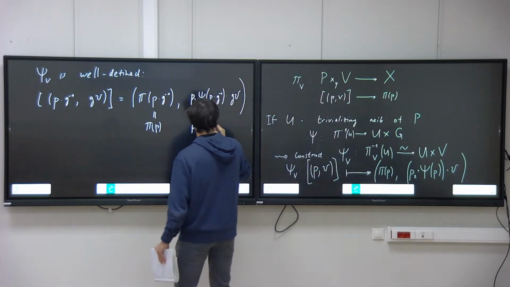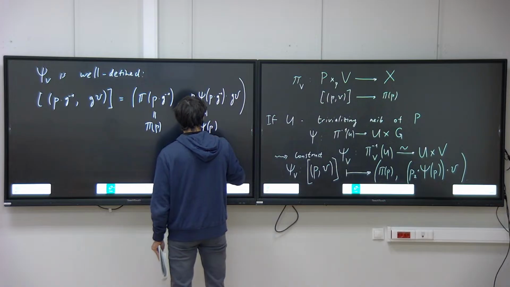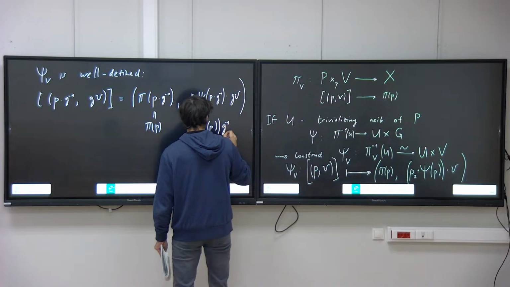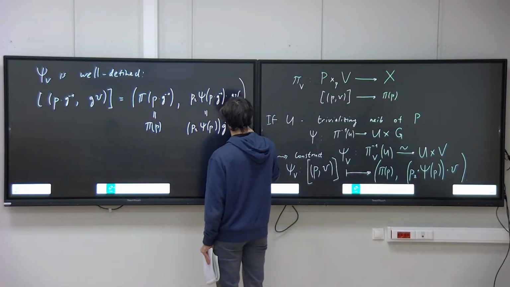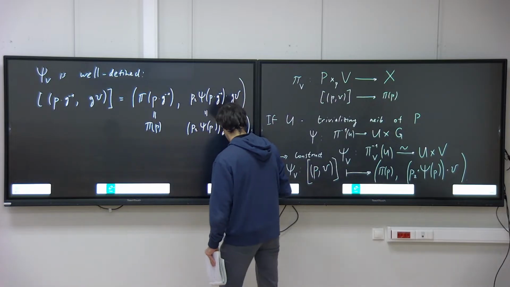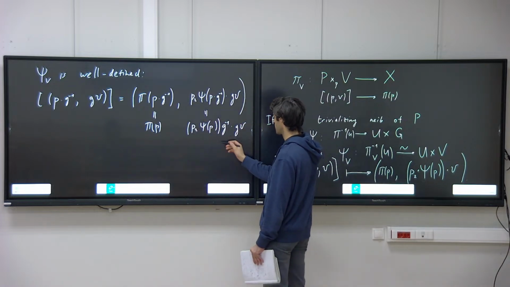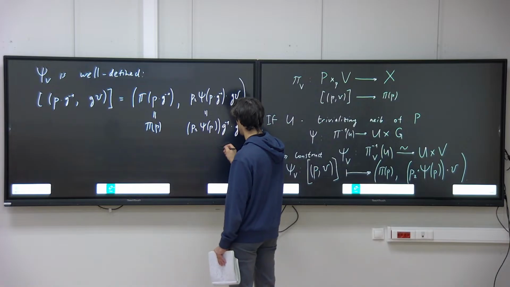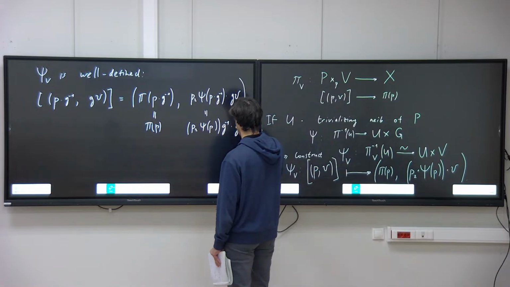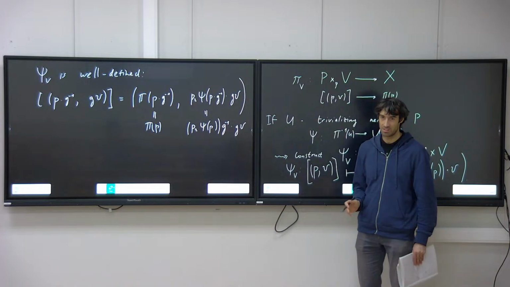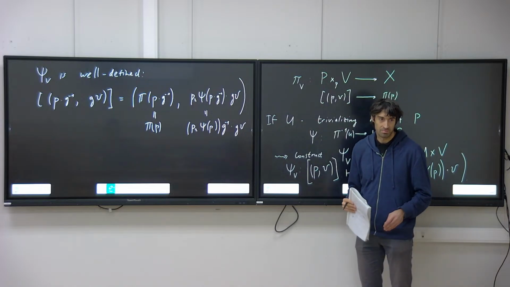So therefore I can rewrite it like this: P2 psi of p, then g inverse, dot gv. But this is an action, so g inverse cancels g, roughly speaking.